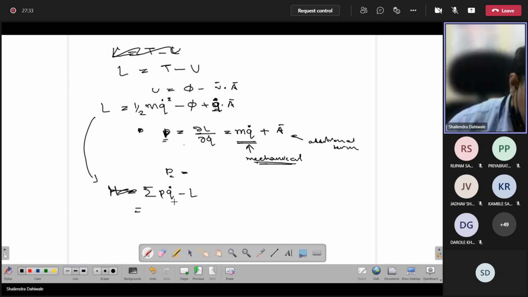Let's write in a different way. Half m q dot square minus phi plus v dot a, this is your canonical.